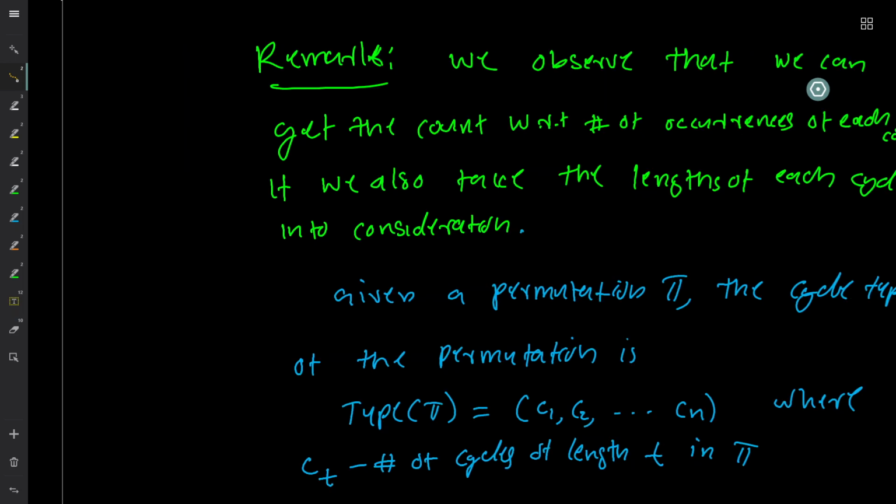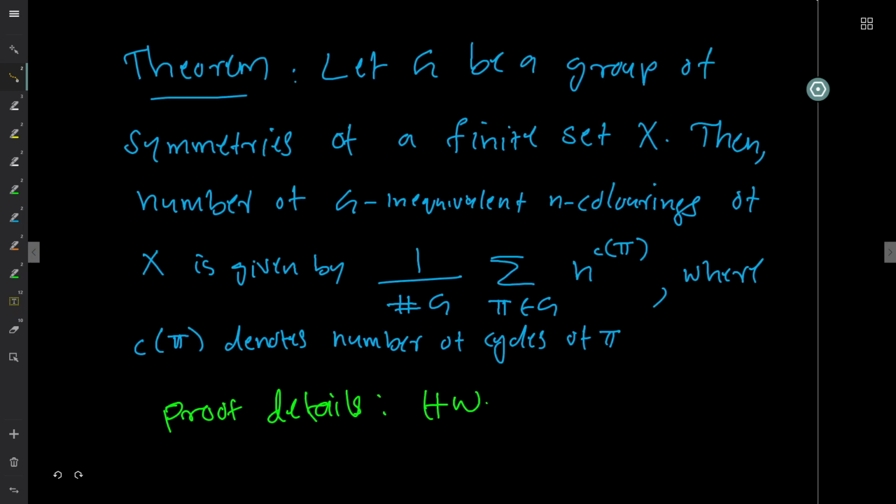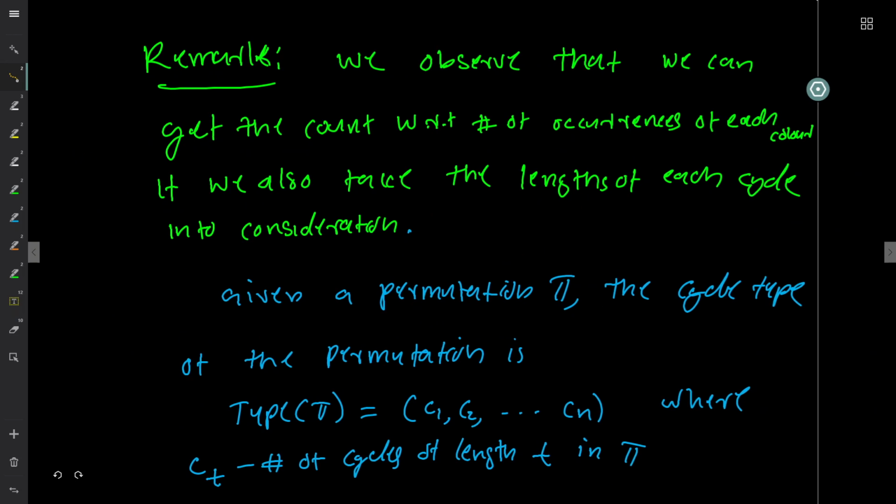This is something we can do if you put into use the observation from the previous result, that using the cycle structure of the permutations, we can count this. If you include that into the formula, then we should be able to tell how many inequivalent colorings there are where each color occurs a specified number of times.